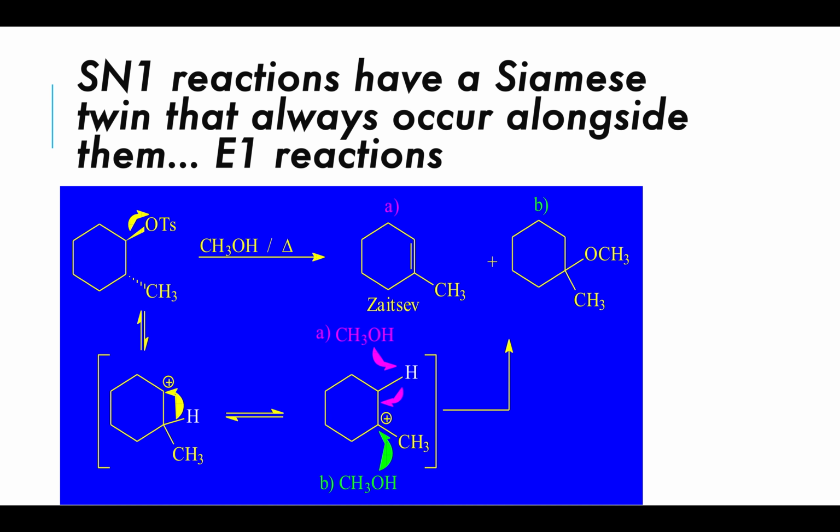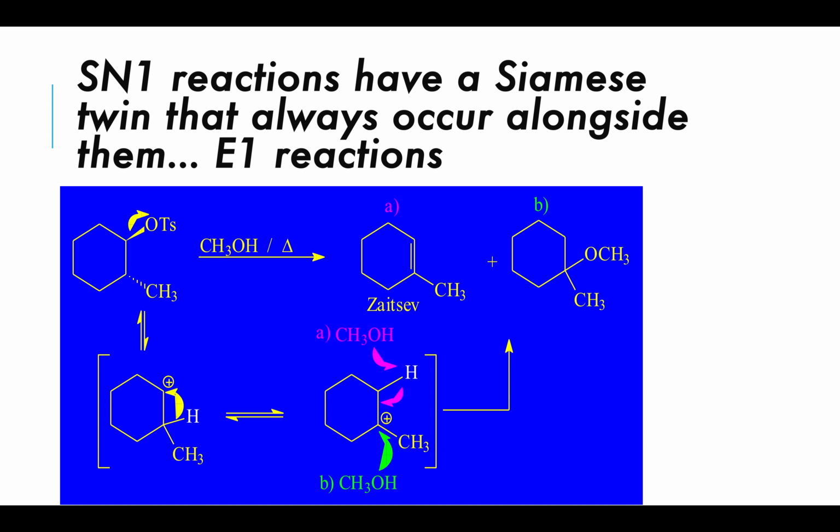And these are the E1 reactions. So elimination, E1, unimolecular. So every time I have conditions that are perfect for an SN1 reaction, there will always be an E1 product that happens.